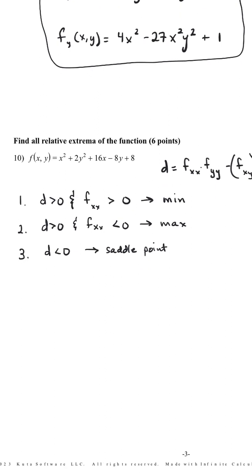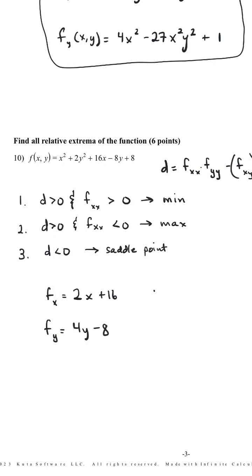So the way to do this is to first find that critical point. That's going to come from the first partial derivatives. With respect to x, that's 2x, plus 16, and the other terms are 0. So it's 2x plus 16. The first partial derivative with respect to y is 4y minus 8, and the other terms are 0.